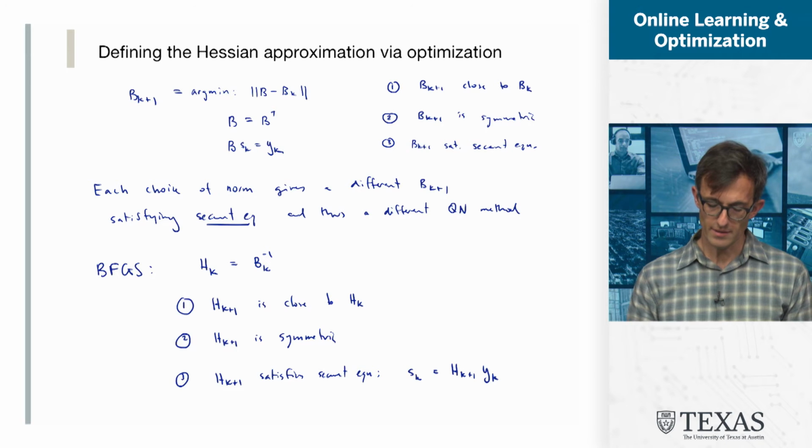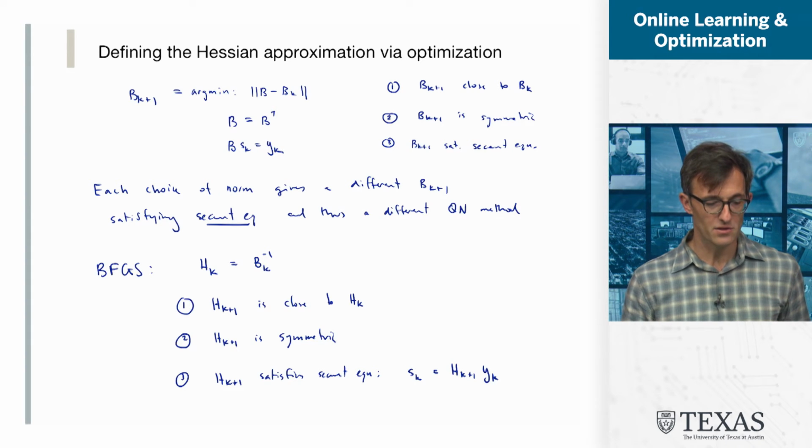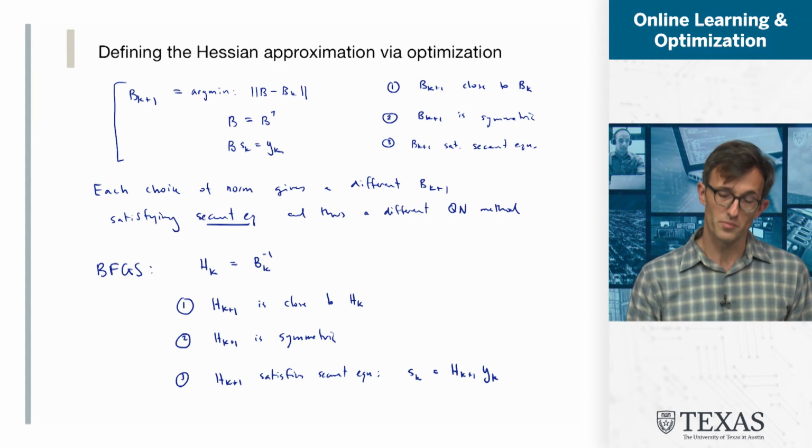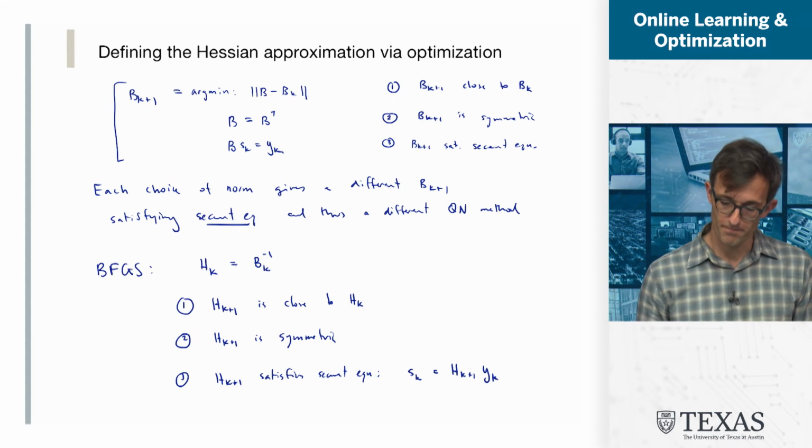So since I have these 3 things, I can directly write down the analog of this optimization problem, but now for H_k.